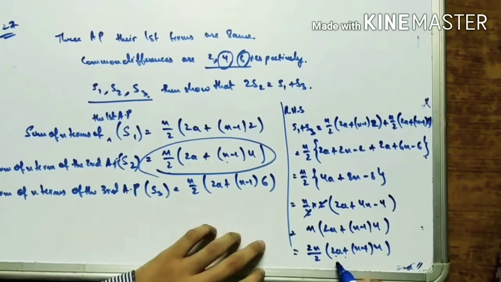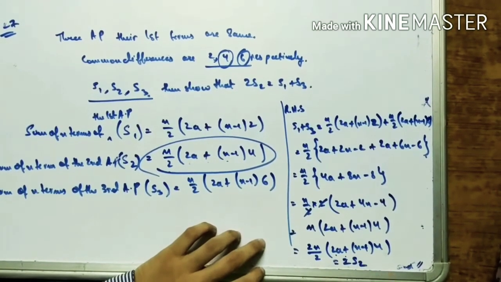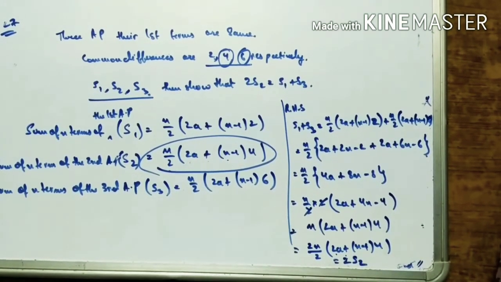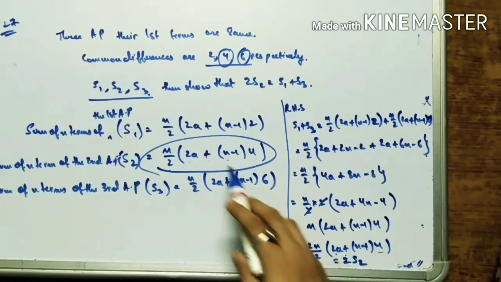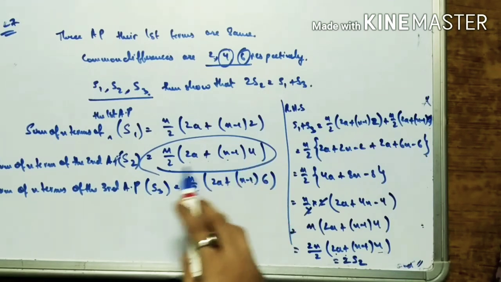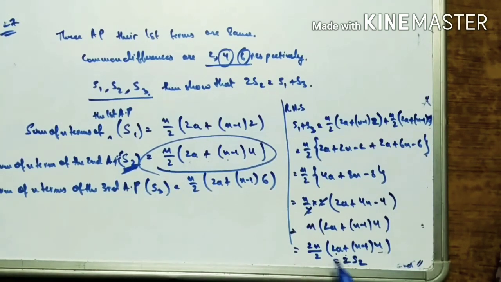Again 2 there, so this is equal to 2S2, because n by 2 twice a plus n minus 1 into 4 is S2. So 2S2 is equal to LHS, and this is our proof.